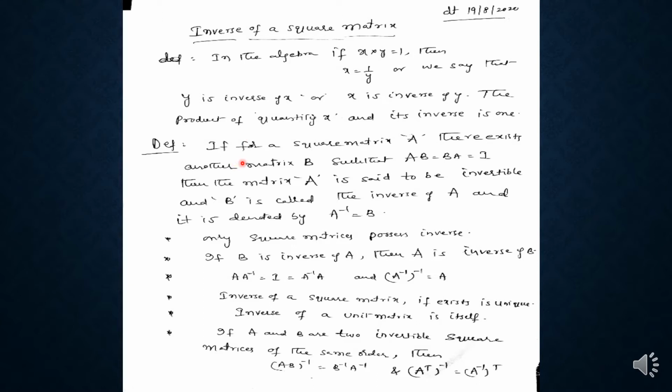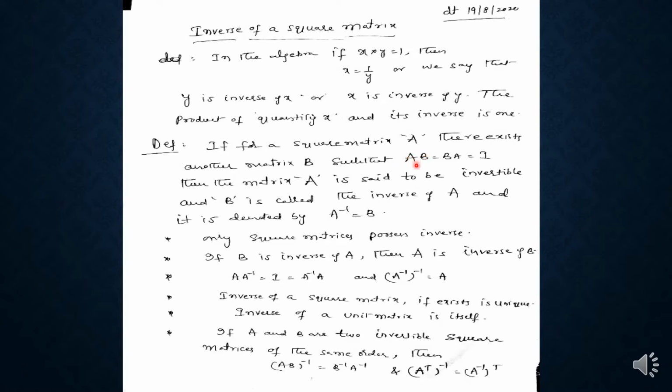If for a square matrix A, there exists another matrix B such that the product AB is equal to BA, that is equal to the unit matrix, that is 1 0 0, 0 1 0, 0 0 1 if it is a 3 by 3 matrix, and also BA is equal to I, then the matrix A is said to be invertible and B is called the inverse of A. It is denoted by A inverse is equal to B, or B is equal to A inverse.